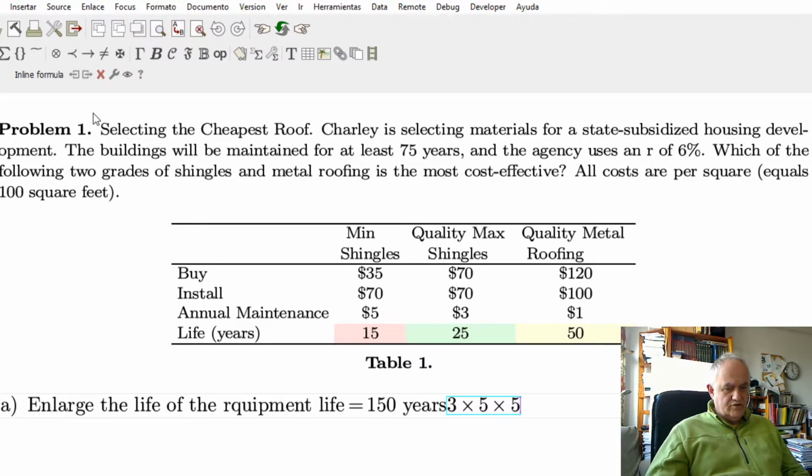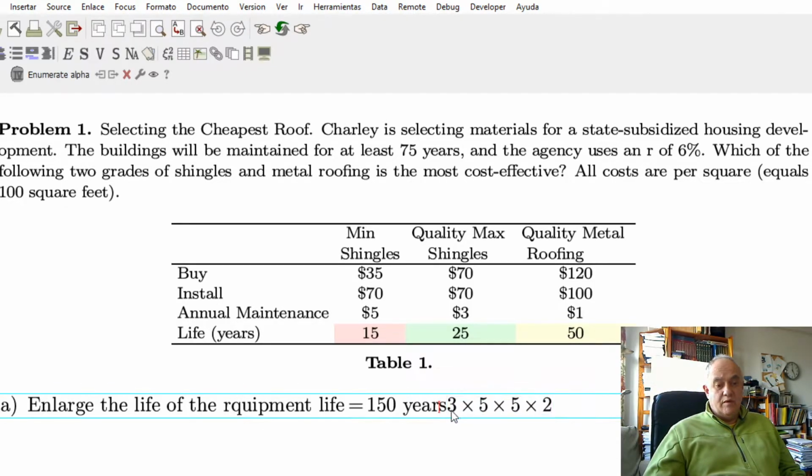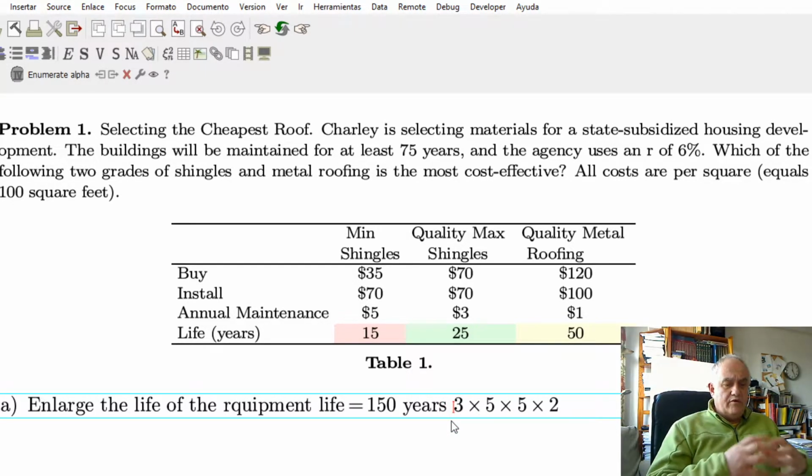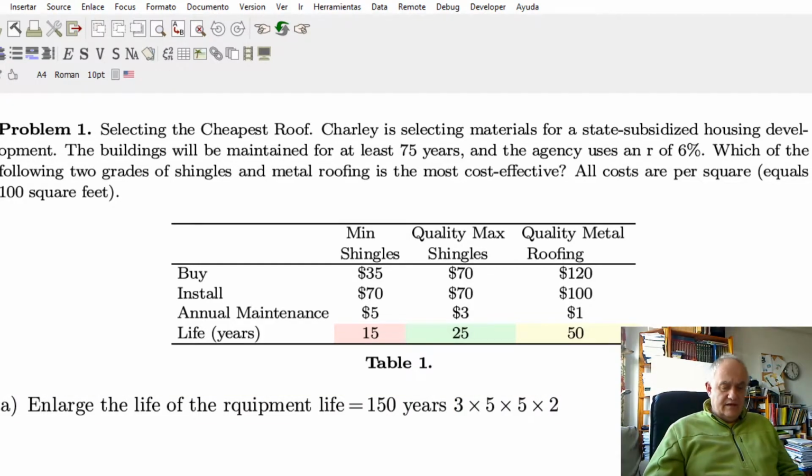So 25 is included, 3 times 5 is included, times 2. Okay, 25 times 3 times 2, 150. This is one possibility. We're creating an artificial life, an artificial test, where we are supposed to assess the life of the equipment.